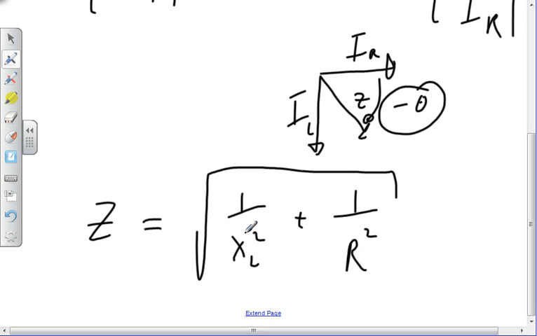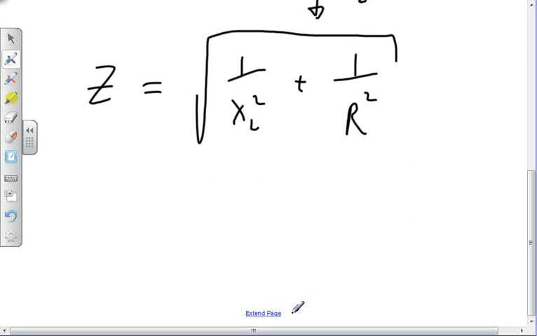That's cool. Not only do we have to follow the 1 over rule, but these are 90 degrees out of phase with each other, so we follow the Pythagorean theorem and put a square root over it too. So isn't life wonderful? I think so. You start singing Christmas songs then? I think I will, yeah.